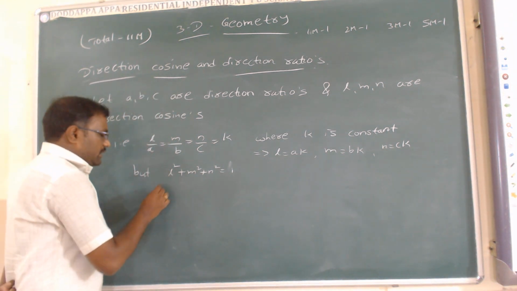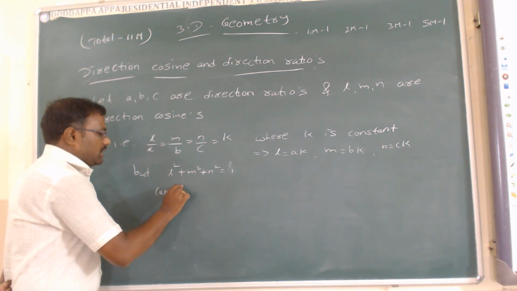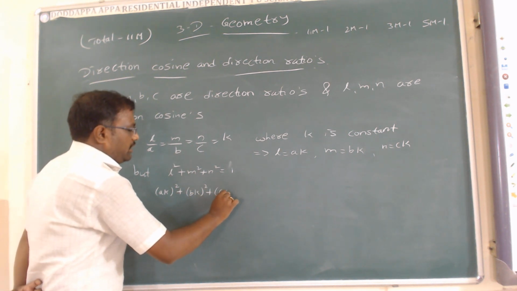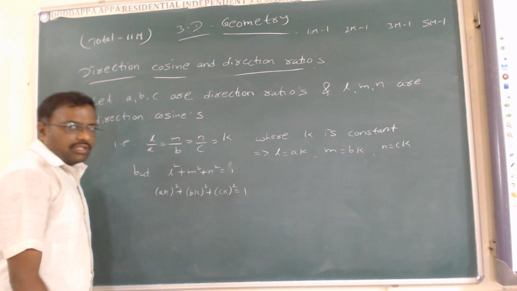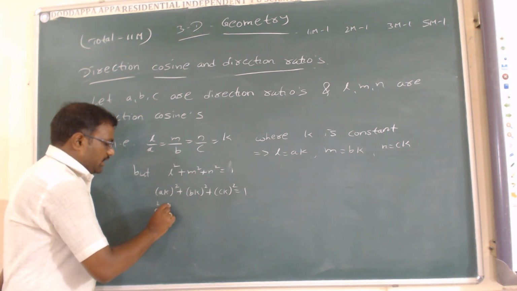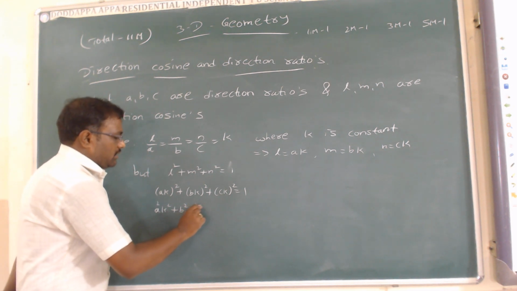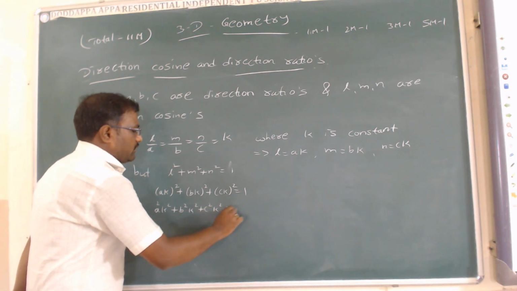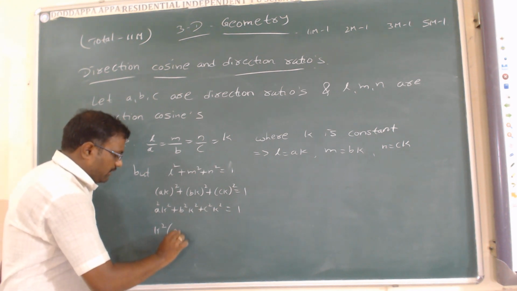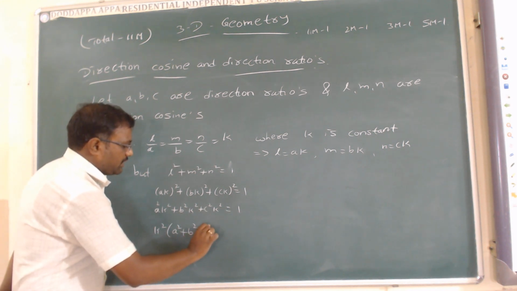So (ak) whole square plus (bk) whole square plus (ck) whole square is equal to 1. That is a square k square plus b square k square plus c square k square is equal to 1.